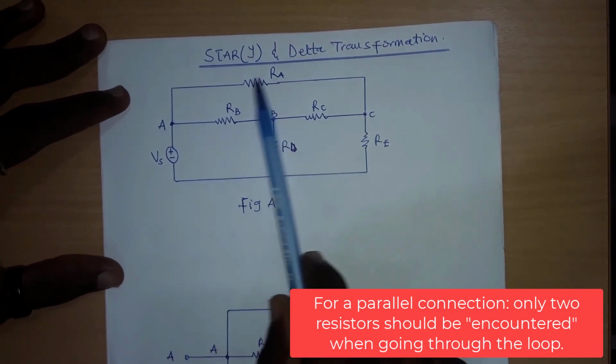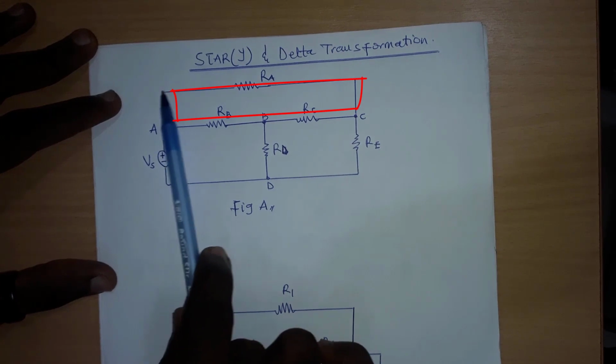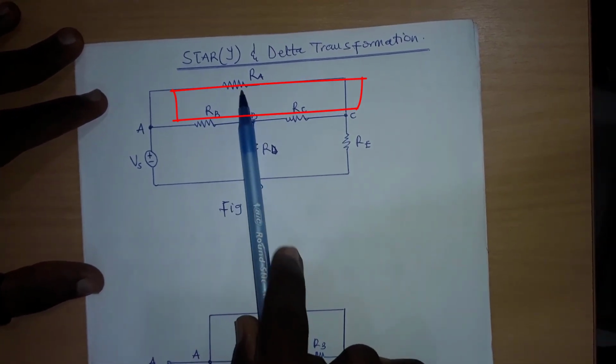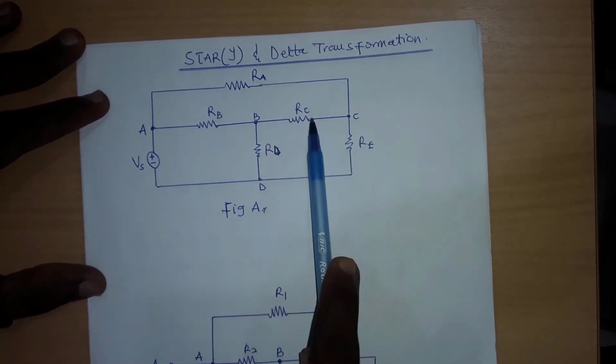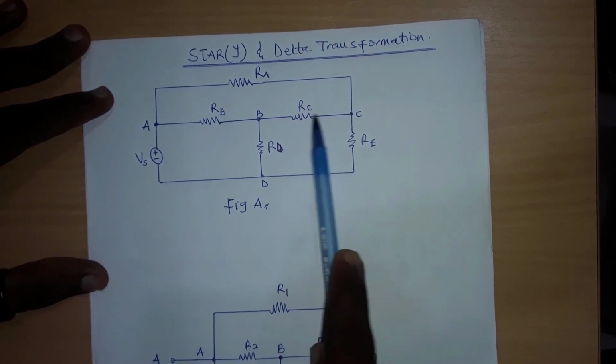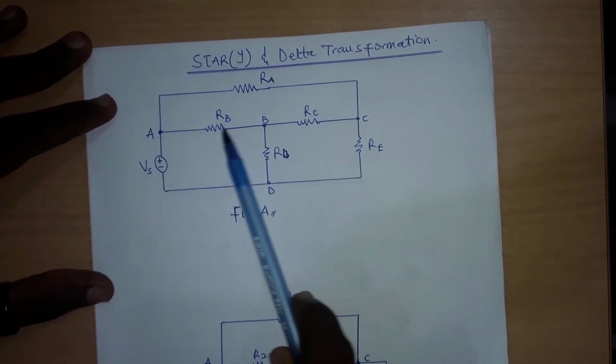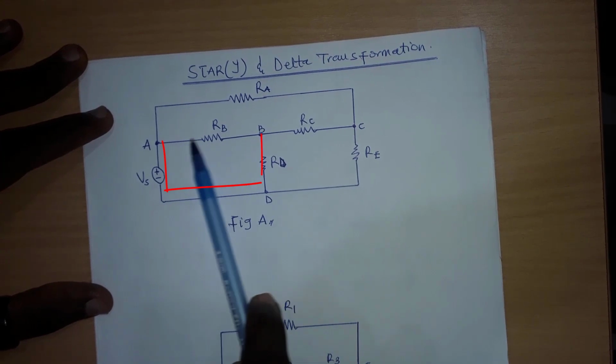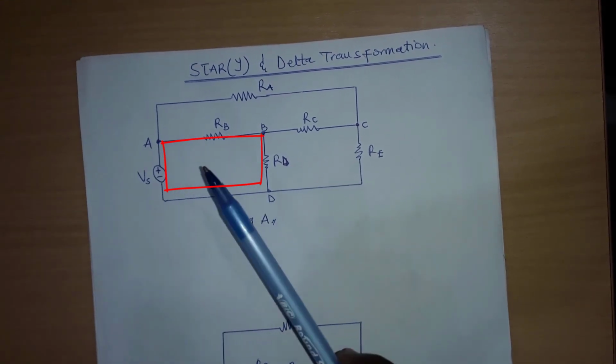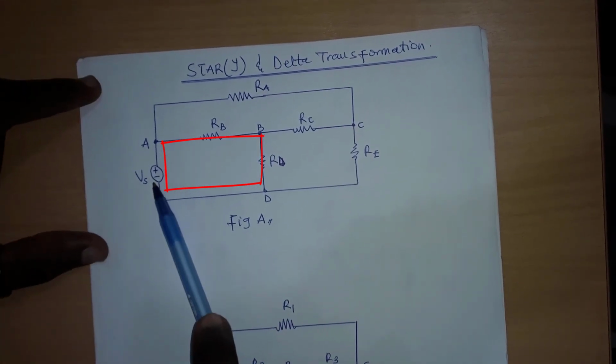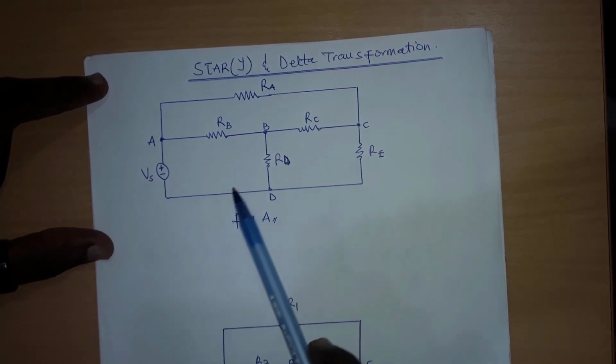Let's look at this. We can also not say that when we take this loop, RA, RB and RC, we are in parallel. And when we take this loop and traverse, we also meet this VS, which means we encountered another element.